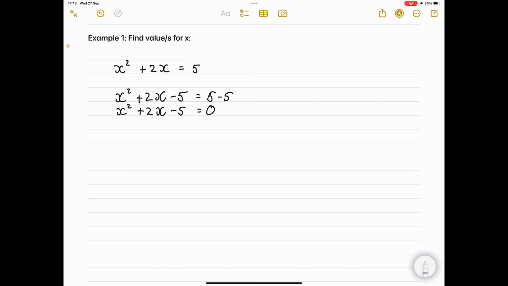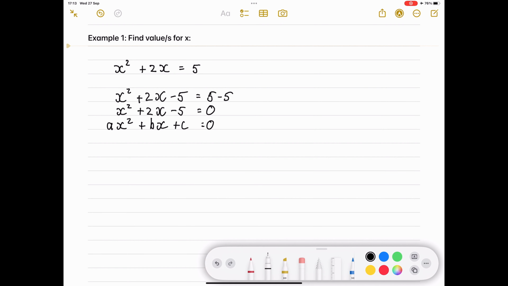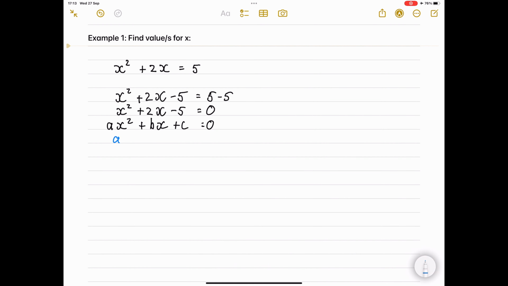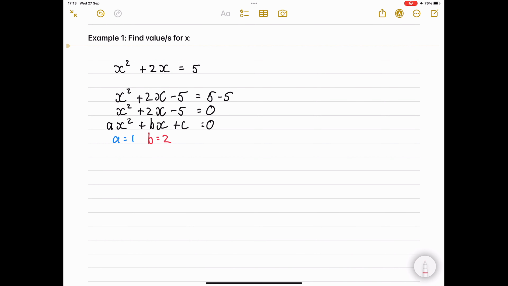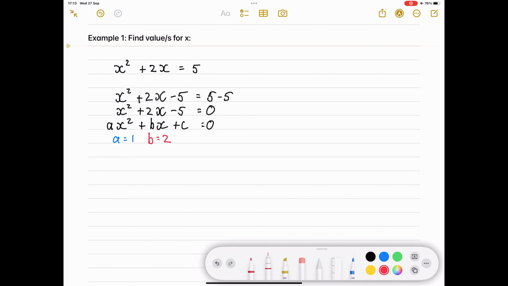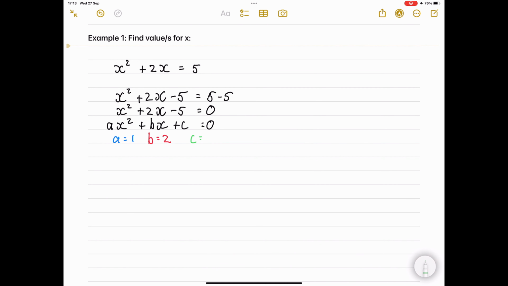And now you can see it is in fact in the standard form, with your a being 1, your b being 2, and your c being negative 5.